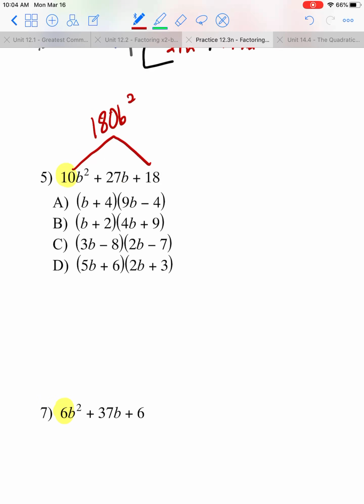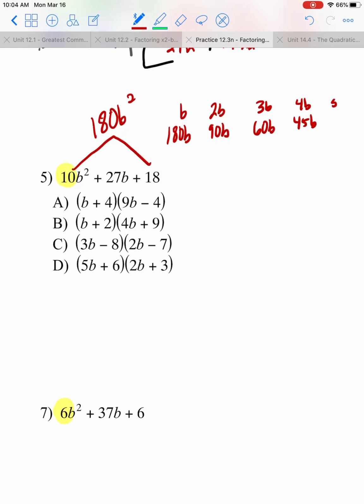Now, don't freak out about that, guys. That's not too big of a deal. Obviously, I'll have b and 180b. I'll have 2b and 90b. I'll have 3b and 60b. I'll have 4b and 45b.